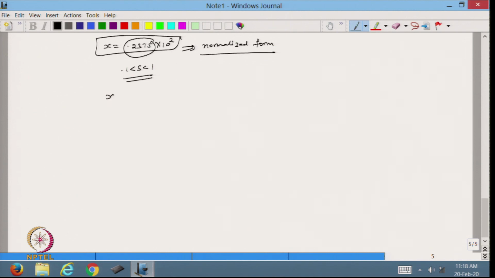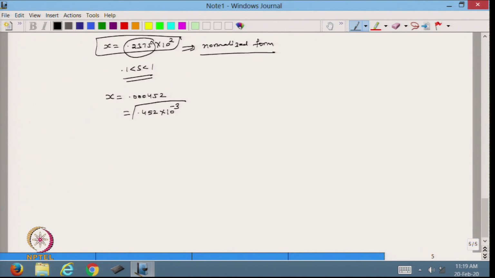Maybe I take another value of x, suppose I have the number 0.00452. This is a real number or a floating point number. I can write this number in the normalized form: these 3 zeros are unnecessary, so I write it as 0.452 into 10 raised to power minus 3, because I have moved the decimal point 3 places to the right, so I have to multiply by 10 raised to power minus 3.